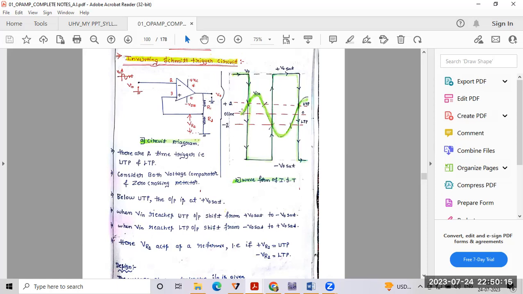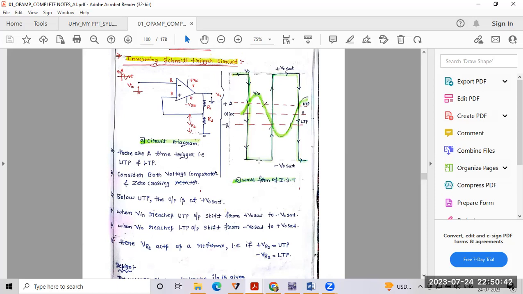But here, before the input reaches UTP, the output is also positive and the input is also positive. This is not the characteristic of an inverting circuit, but here there is a reference, so our inverting Schmitt trigger remains positive only. Once our input reaches UTP, the output will change from positive to negative.